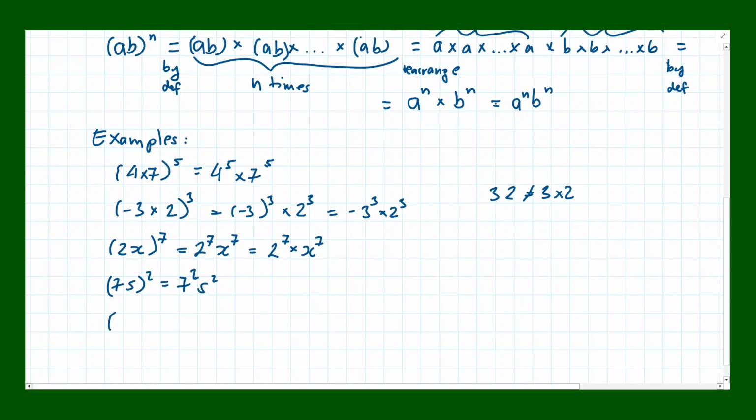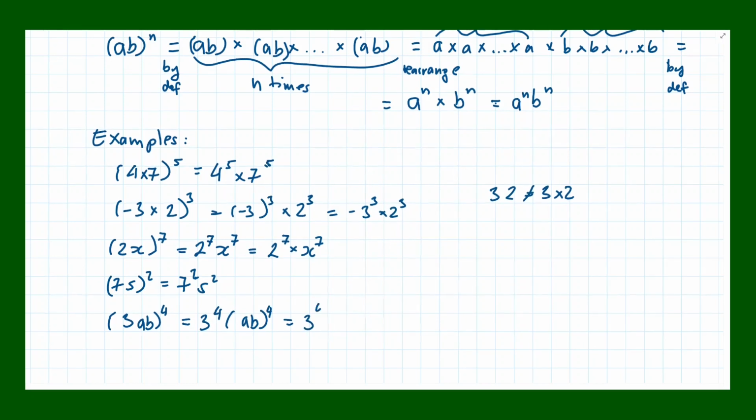Next example, 3ab to the 4. Now, the rule is only talking about 2 terms when you have got ab together raised to the nth power, not a number and 2 letters. But as in previous examples, we can do it in 2 stages. So I can do 3 to the 4, and then I can do ab to the 4th, and I can apply the rule again.